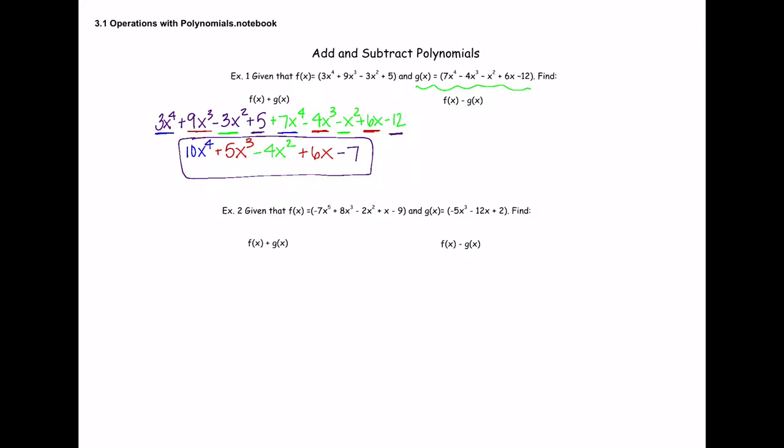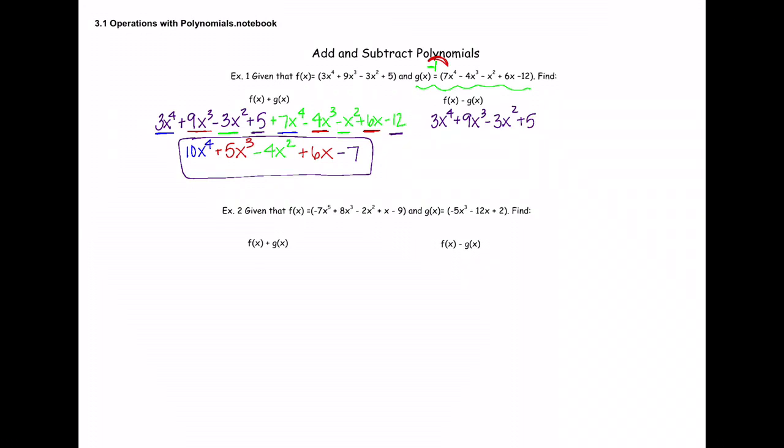The next one says f of x minus g of x. So when we are subtracting our g of x, we are going to need to distribute a negative 1 to everything in that polynomial. So we can start by writing f of x, 3x to the fourth, plus 9x cubed minus 3x squared plus 5. We want to distribute this negative 1.